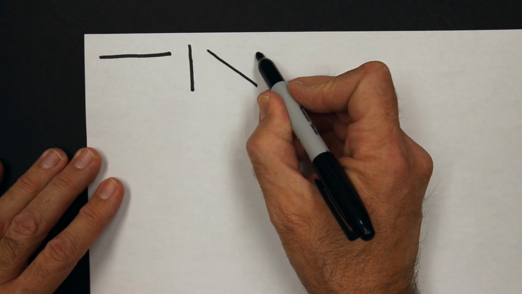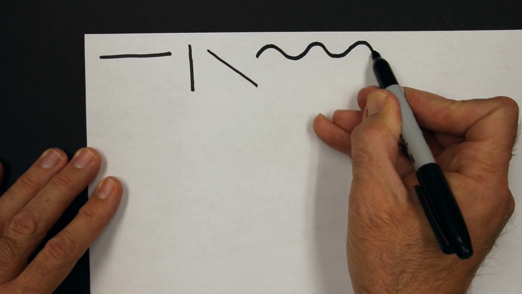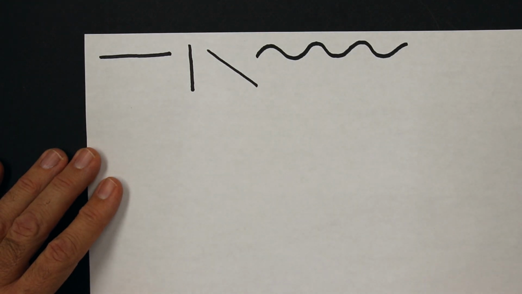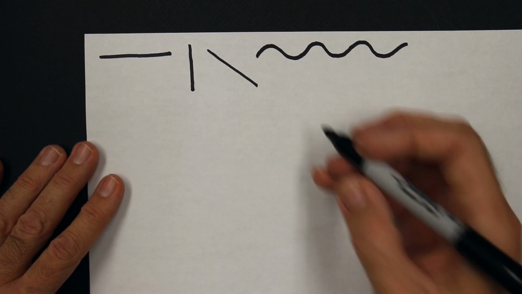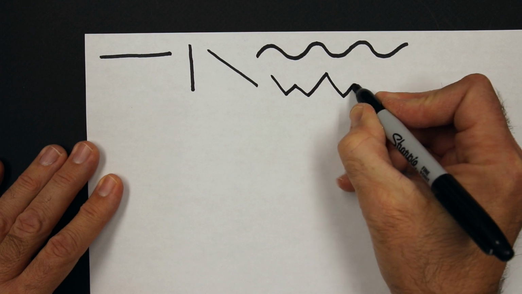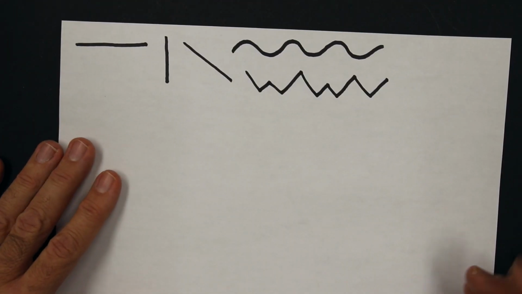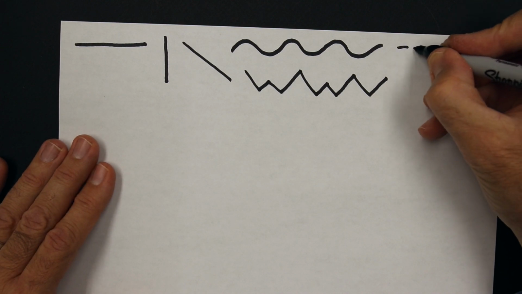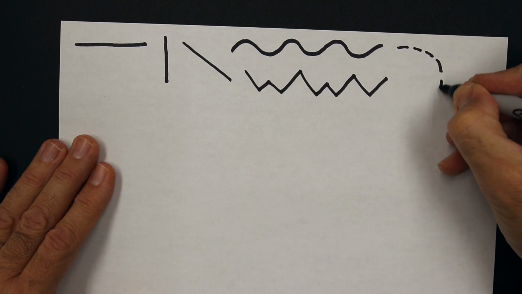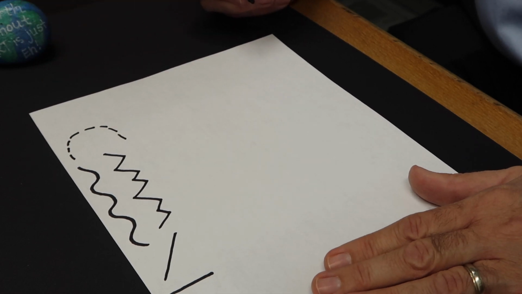How about some wavy lines? That's interesting there. We could go on to some zigzag lines. What if we did little dash marks? Those are called interrupted lines.